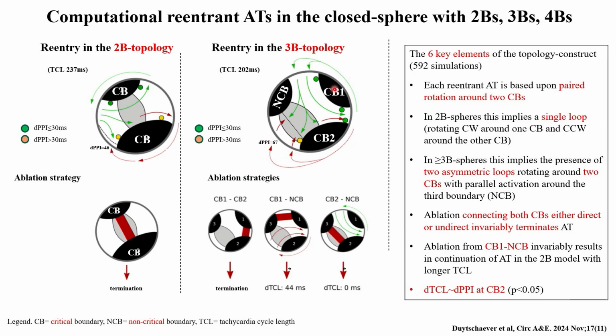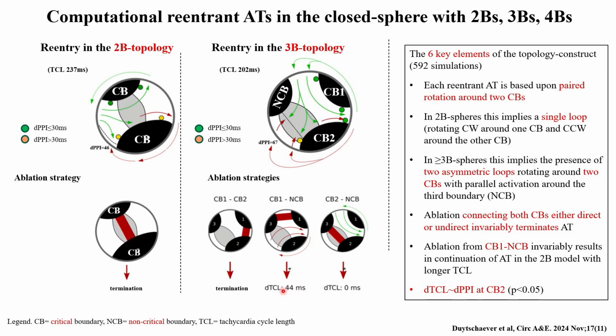If you connect the CB1, so the boundary where the cycle length is the same as the revolution time, and you connect it to a non-critical boundary, deliberately or by mistake, you will have a prolongation. Why? Because it will convert to a 2B atrium with a single loop, and it will turn around to CB2, and it will get that longer cycle length.